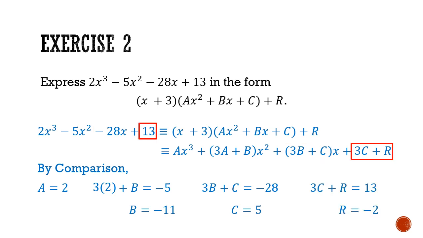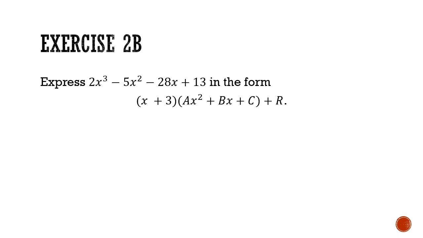So the first question I would like to ask you is, which method do you prefer? Do you think comparison of coefficients is faster, or the long division method? Now I expect the answer to be quite mixed between the two methods.